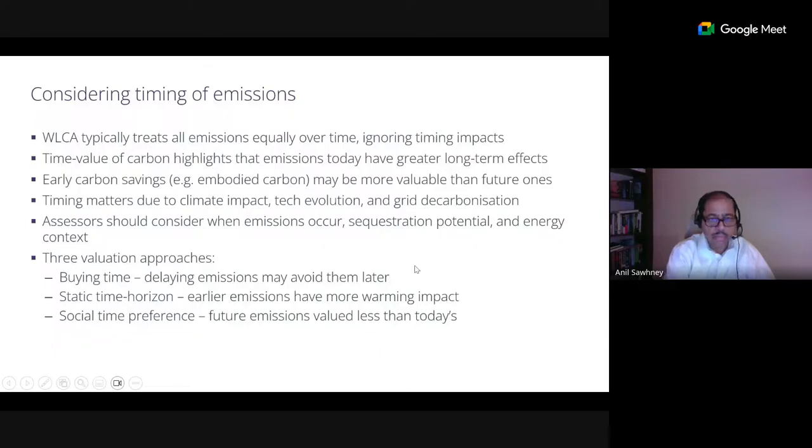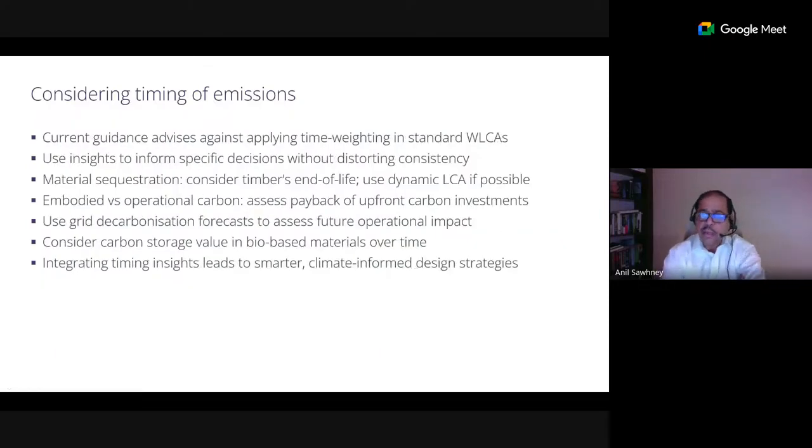Okay, so considering the timing of emissions, current guidance advises against applying time weighting in standard WLCAs. As you saw in our standard, this is still a developing area, so perhaps researchers can pay more attention.